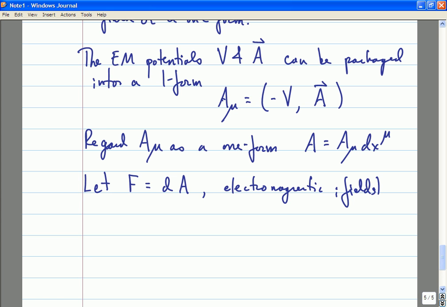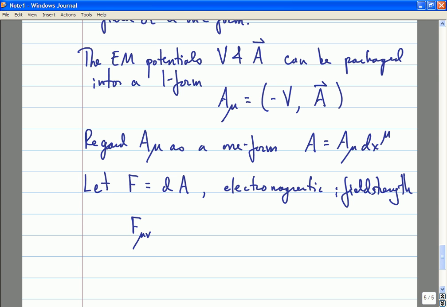So what are the components of the electromagnetic field strength? Well, if we wrote it out in index notation, F mu nu has two lower indices, and because it's a two form, it's antisymmetric in those indices. So it has the same number of degrees of freedom as an antisymmetric 4x4 matrix. Namely, it has 6 degrees of freedom.